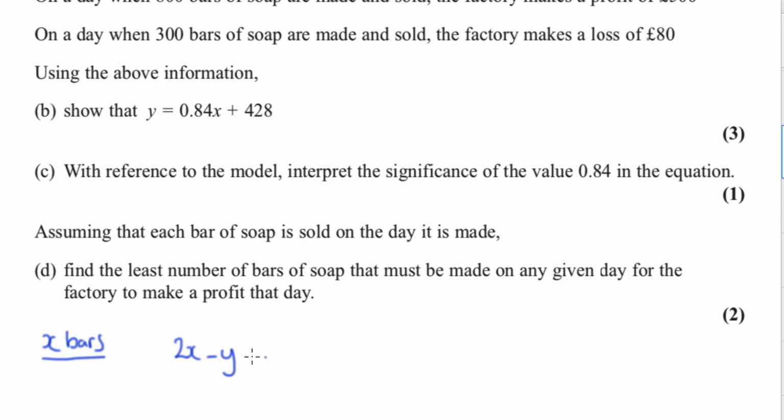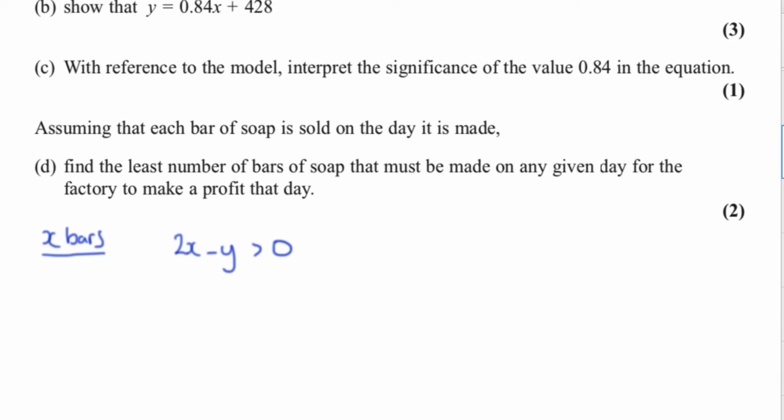And in order to make a profit, the 2x coming in needs to be greater than this y. So that sum needs to be bigger than 0. That's the profit that they will make.